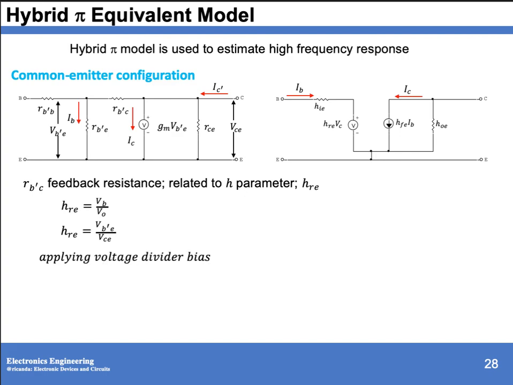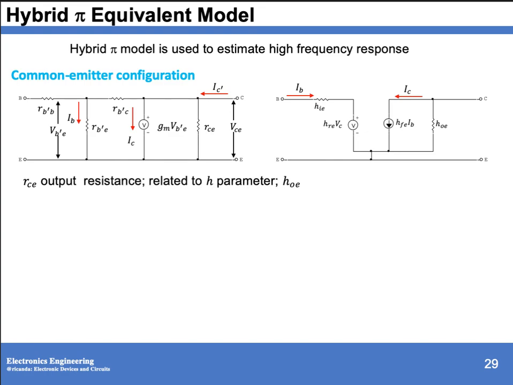Then if you apply the voltage divider, your voltage B'E is equal to RB'E VCE over RB'E plus RB'C. Therefore, HRE, which is voltage B'E over VCE, is now equal to RB'E over RB'E plus RB'C. So therefore, RB'C is equal to RB'E over HRE minus RB'E.